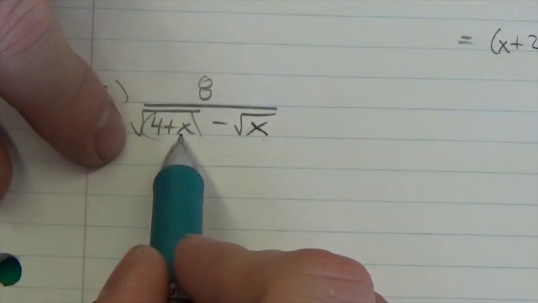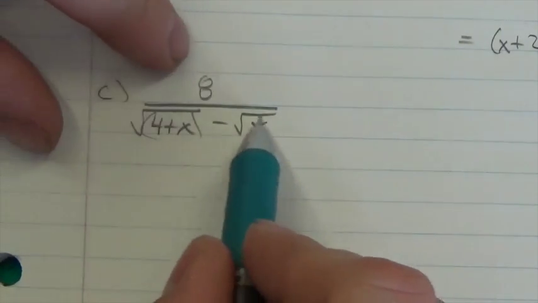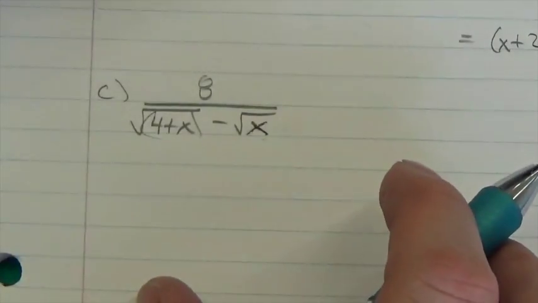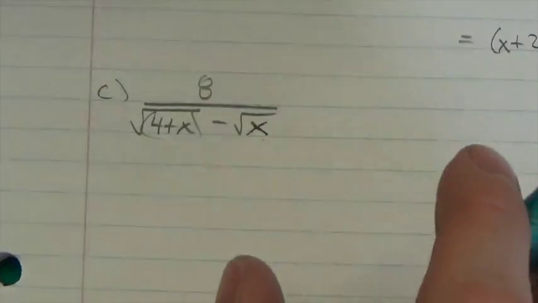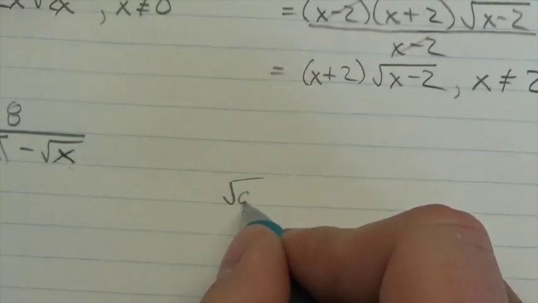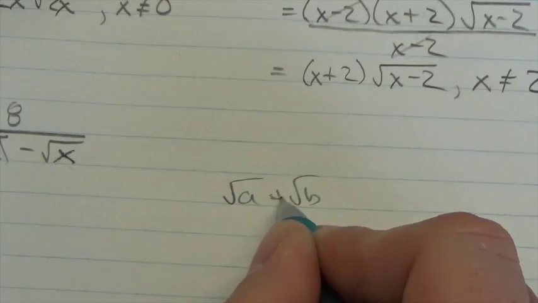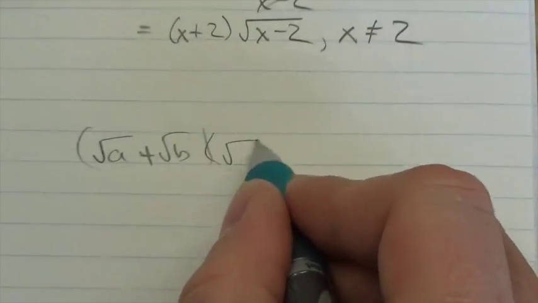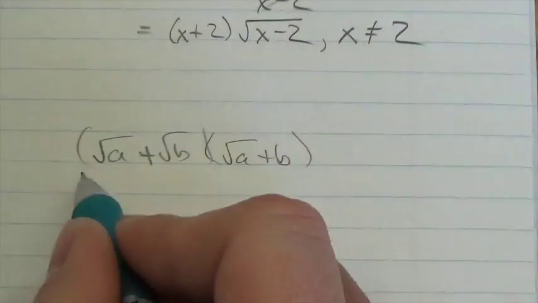That radical keeps those two values together. Now, if I was to square that, squaring would not eliminate the radical. Let me show you. Let's just do it over here. If I take root a plus root b and I square that, that's like multiplying root a plus root b by itself.